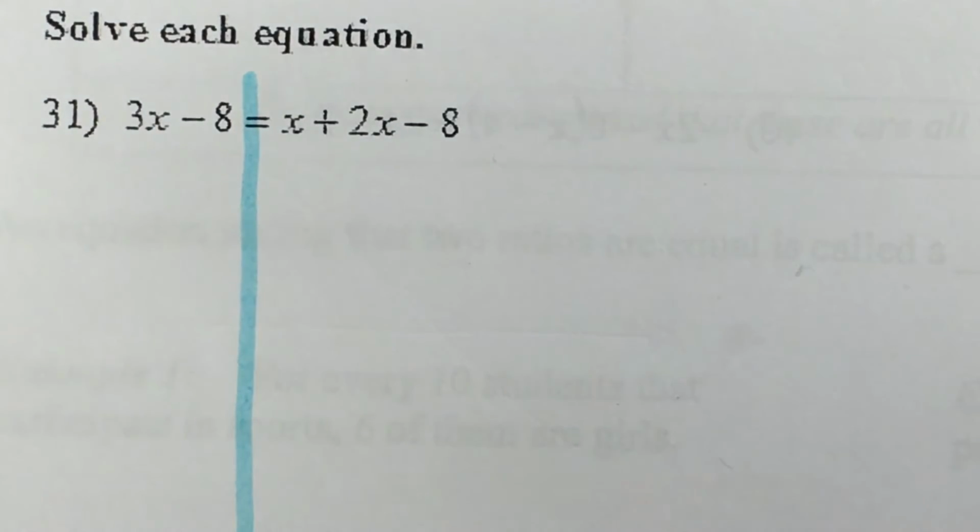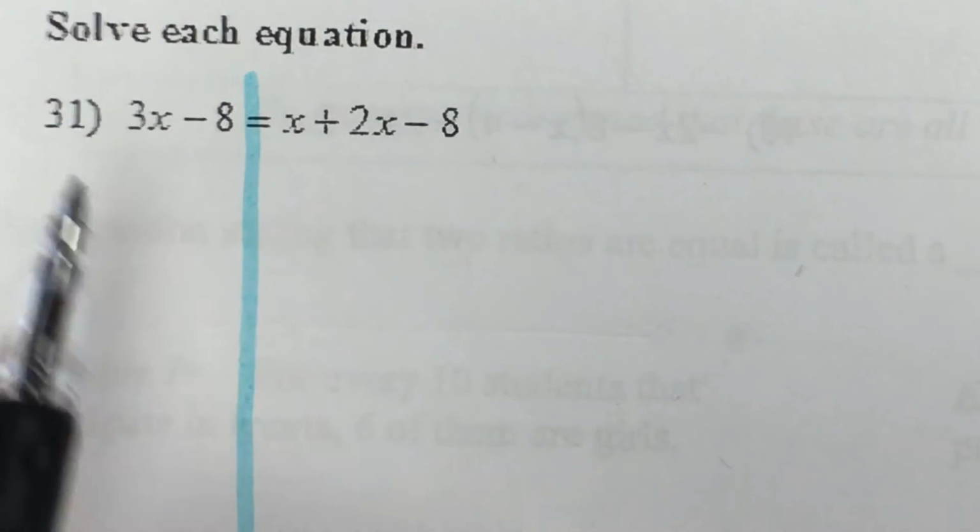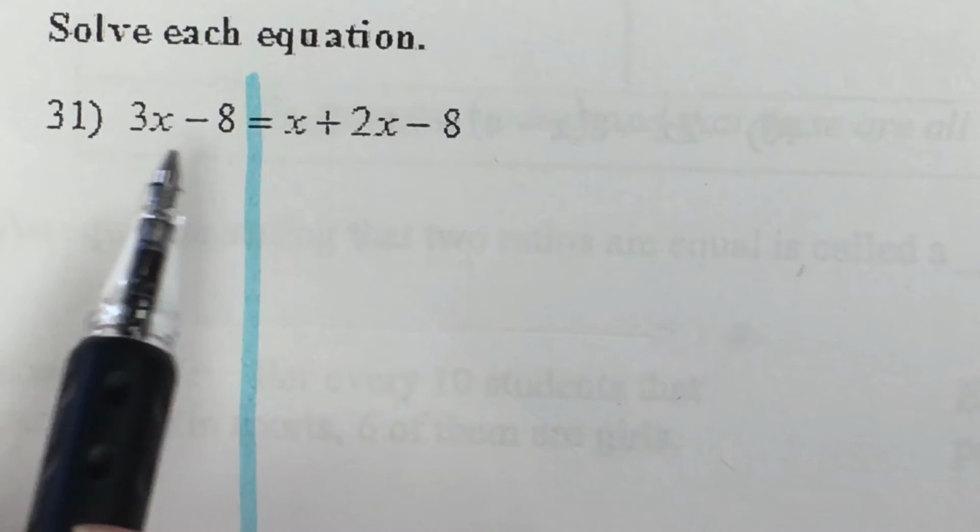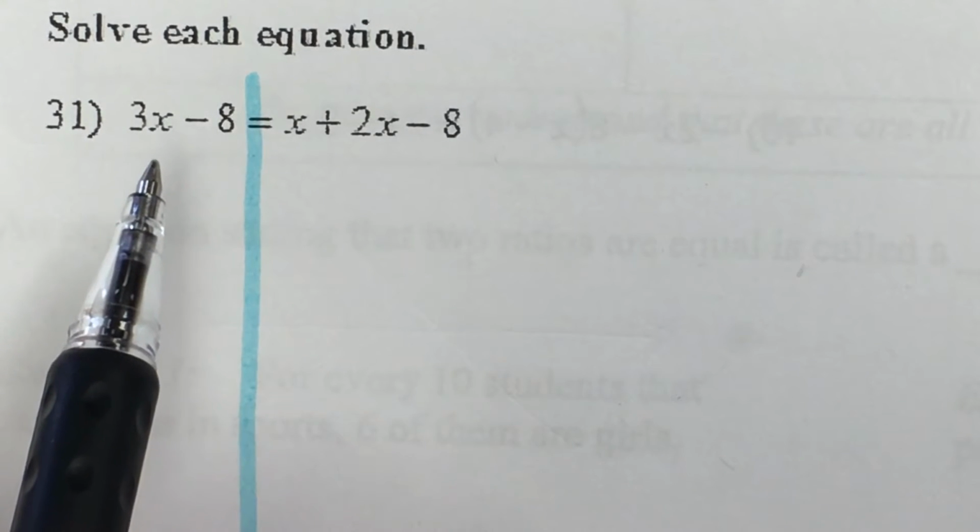So our first step was to draw a line down the equal sign. We did. Second step is look for any distribution. Is there any distribution here? I don't see any parentheses, so I'm going to say no. Next, combining like terms. Let's look at each side of the equation separately. On the left side, are these 2 terms like? Can I combine them?